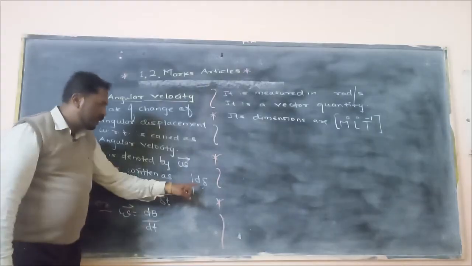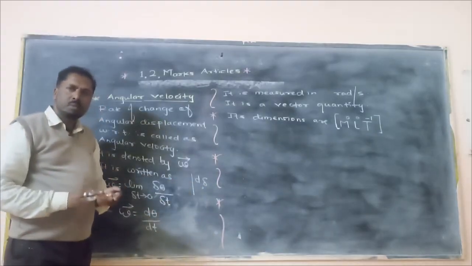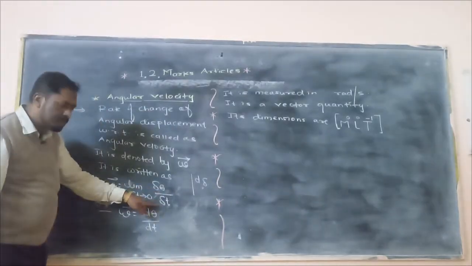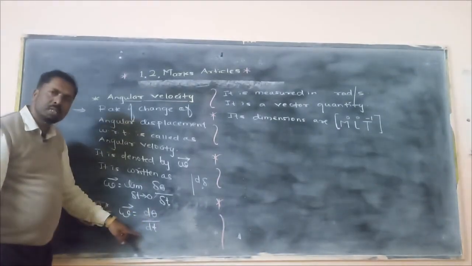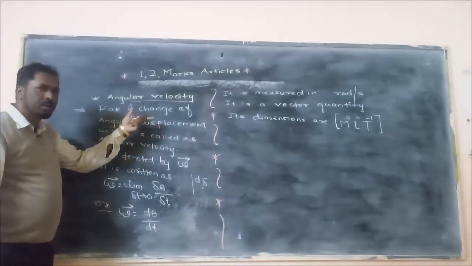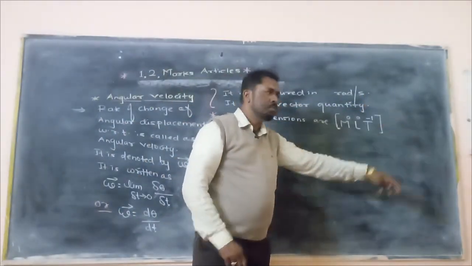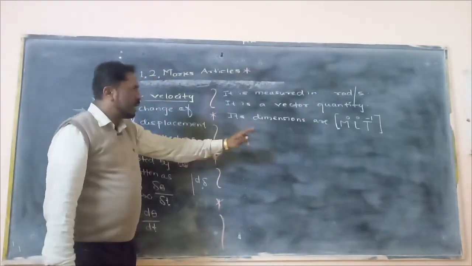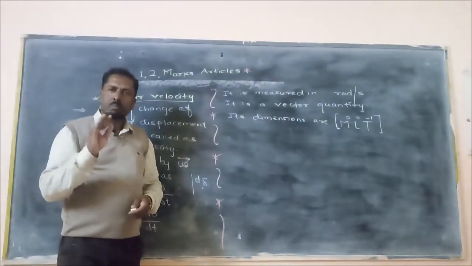What do the factors delta and d stand for? Delta and d stand for change. So we can say change in angular displacement with respect to time. Also again change in angular displacement with respect to time. That is nothing but angular velocity. It is generally measured in radian per second. It is a vector quantity. It has the dimensions M0, L0, T raised to minus 1.